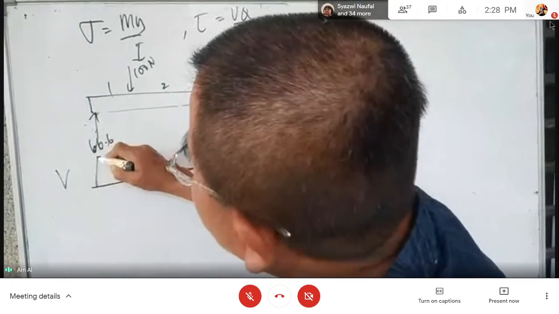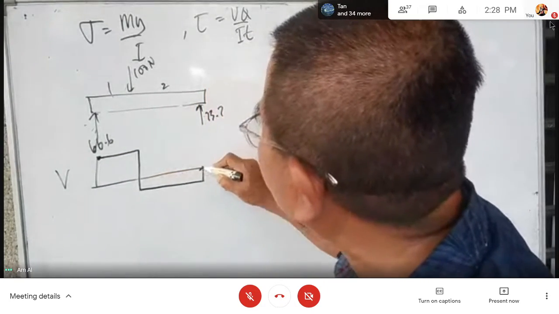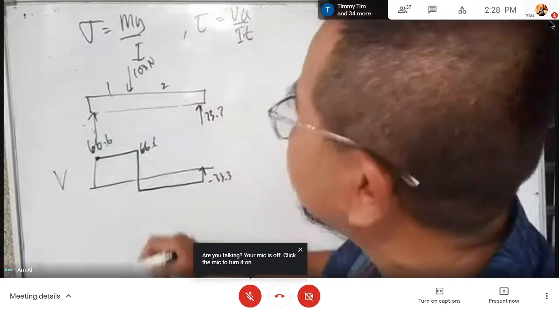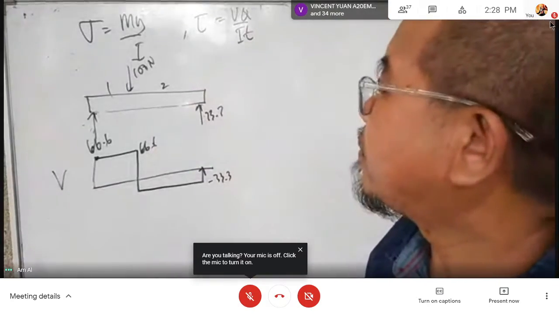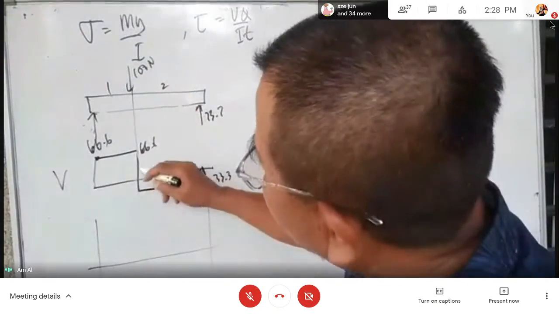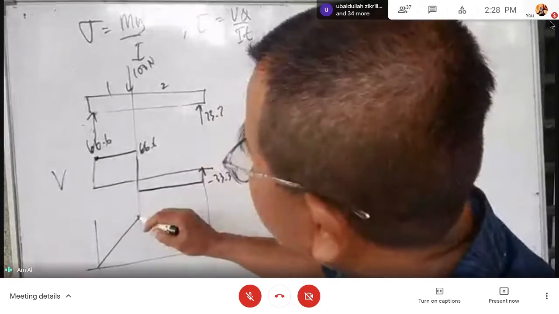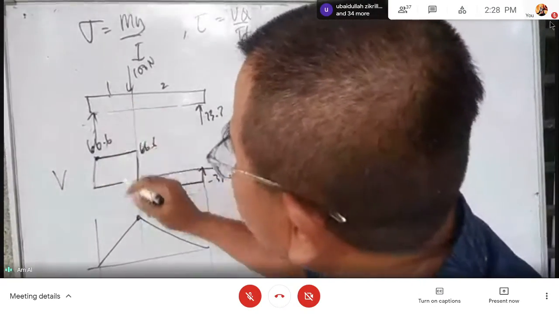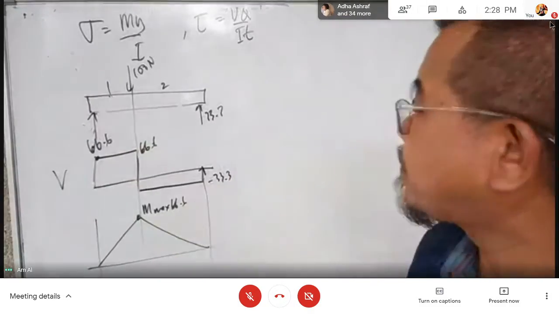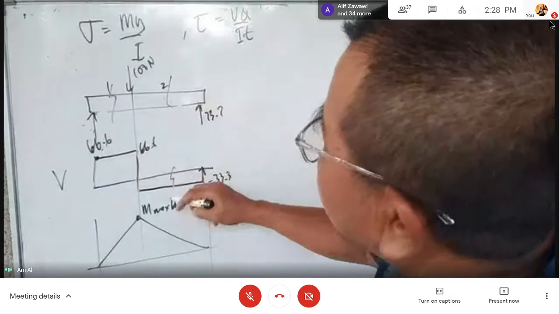You go up by 66, constant, and then you go down, and then constant, up by 33, go to 0. This is minus 33, this is 66.6. That's your V graph. And then your moment graph there, maximum there, and it goes back down. What's the maximum value there? 66 times 1. So moment max is 66.6. The V here is 66. V here is 33.